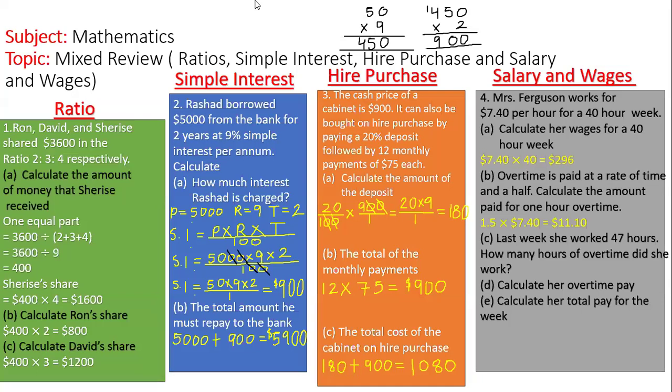I multiplied 7.40 by 40 to get $296. Why we use 40? Because that's the average work hours you work a week. Very good. B, we multiply 1.5 by 7.40 to get $11.10.